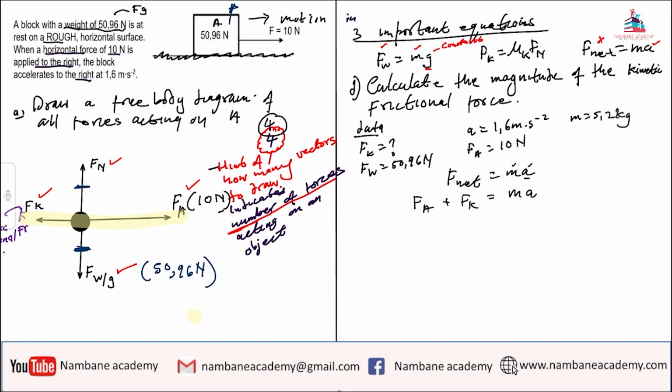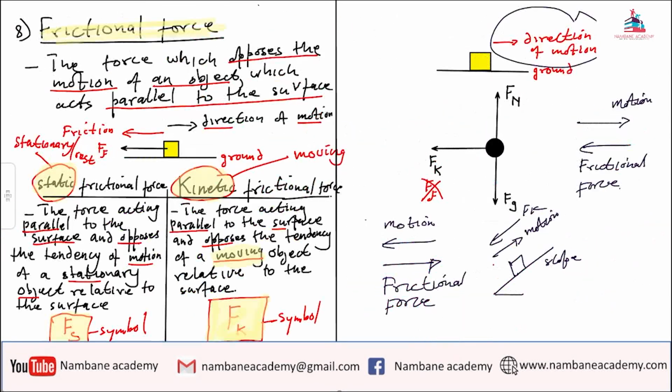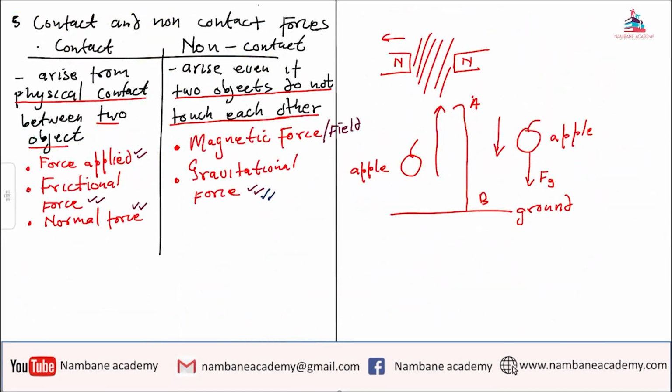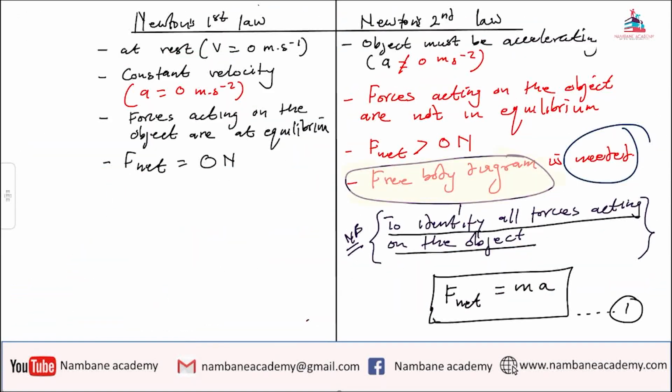The free body diagram, especially like I said for Newton's laws, I can even go back. Allow me to do so, please. Free body diagram, to identify all forces acting on an object, and it is under Newton's second law.